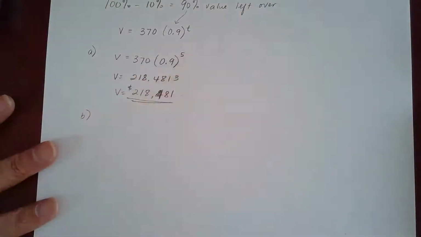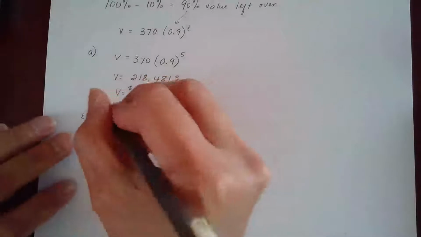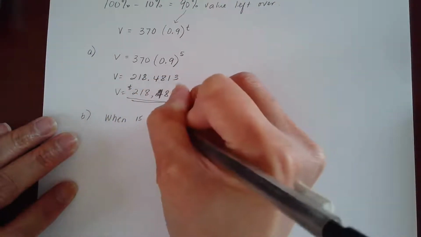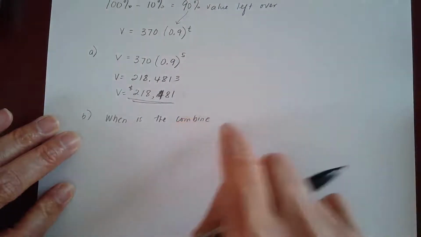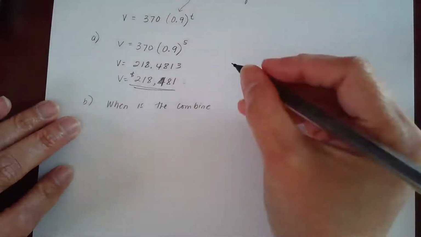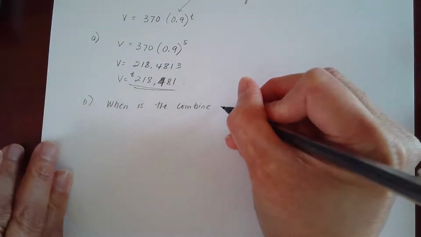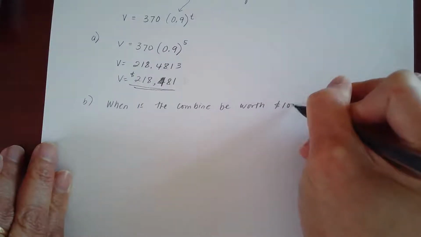Now let's take a look at letter B. The question is, when will the combine be worth 100,000? So when is the combine, this big machine for farming, when does the combine reach being worth 100,000?